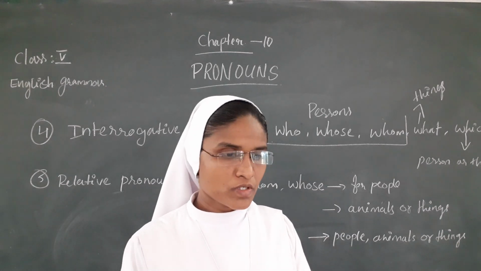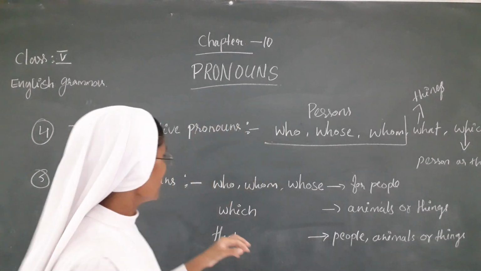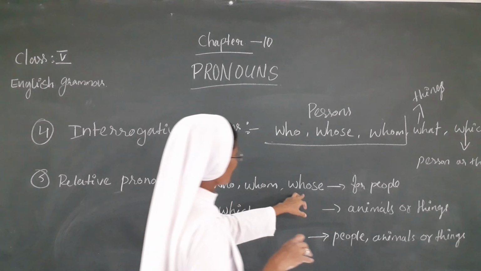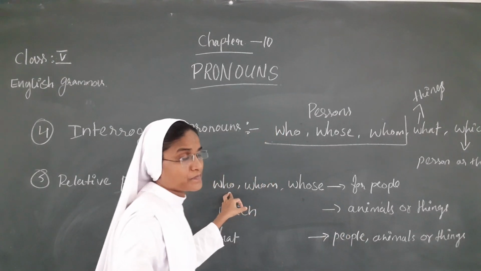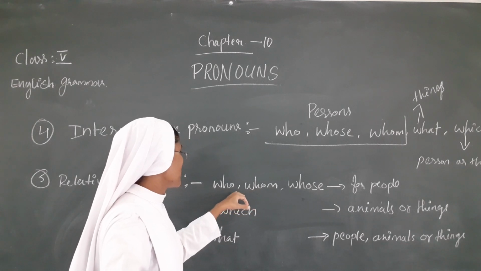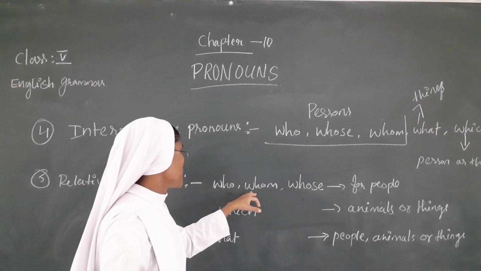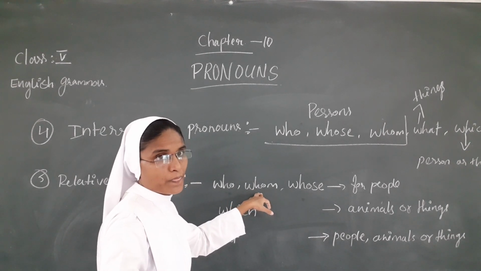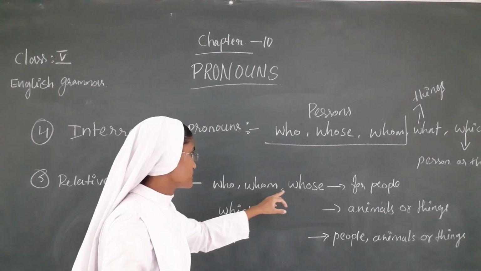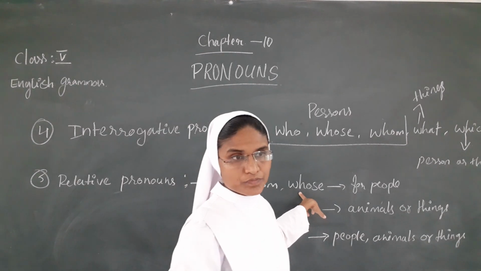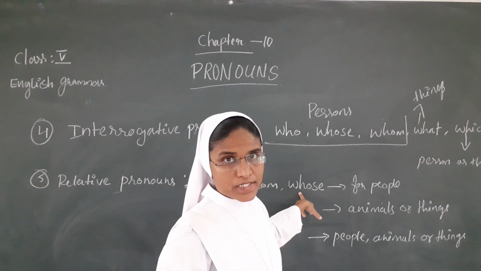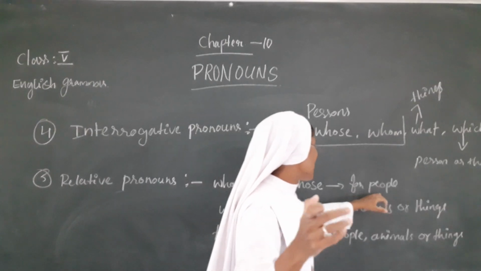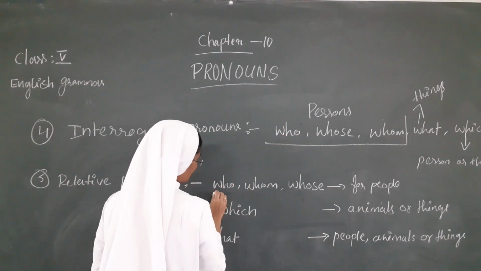Relative pronouns. So here you see, for example, who, whom, whose. Who means, who is this? Whom, whom do you want? Whose, whose book is this? So for people we use who, whom, whose, as I already learned, for persons.